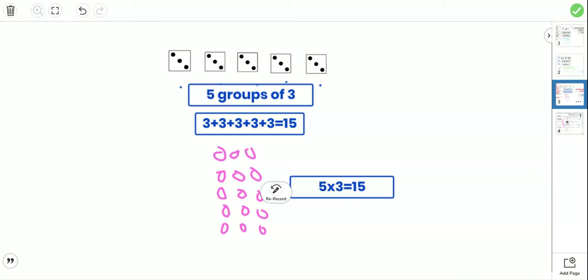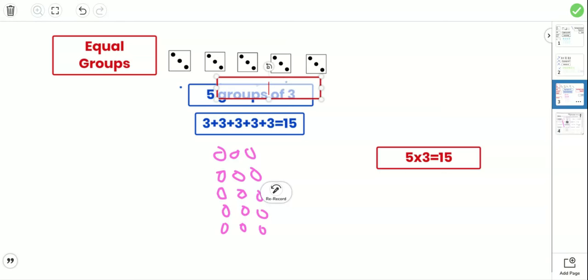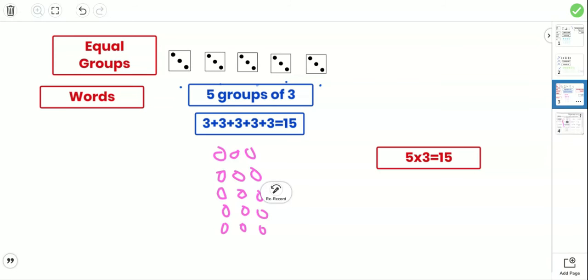So we have covered a lot here, and I'm going to just go through them all one more time. We have discussed equal groups. That's drawing a picture to show the same number. We used our words, just saying how many groups of what number we see.